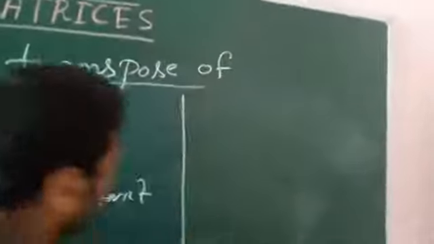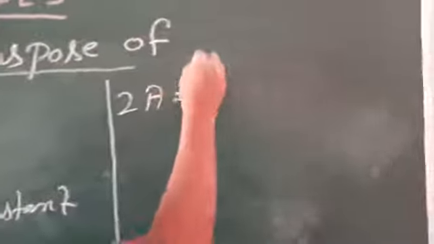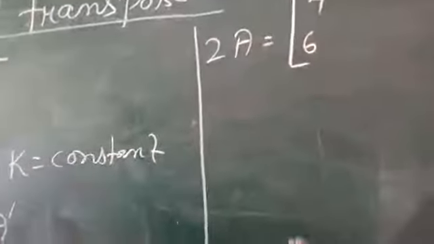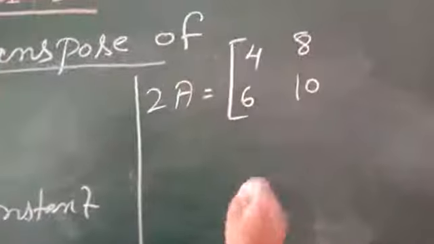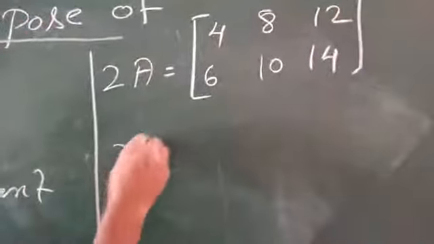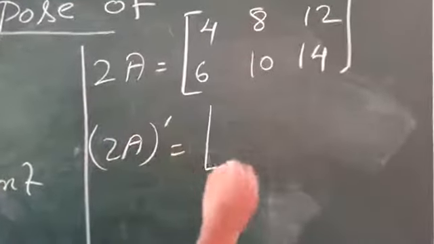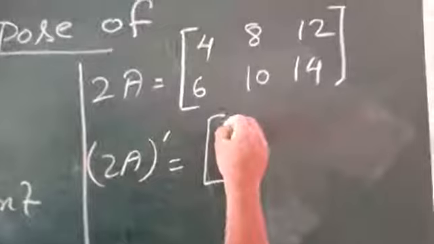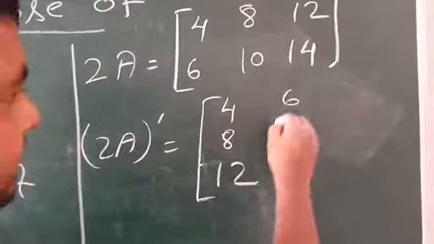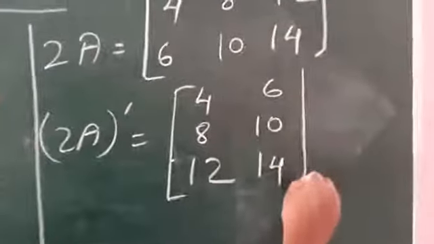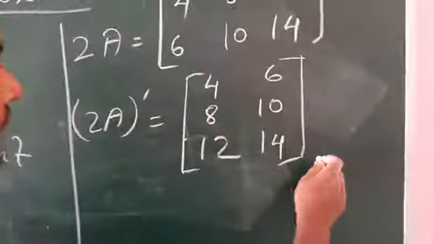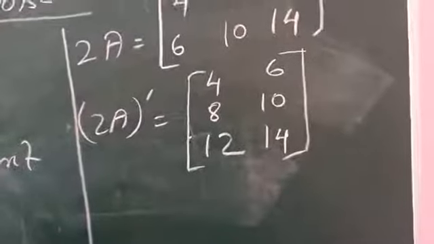So now I'll multiply here twice A. Each of the elements we will multiply with 2. Then this one we will take transpose: 4, 8, 12, 6, 10, 14. So this one we got as 2A transpose.